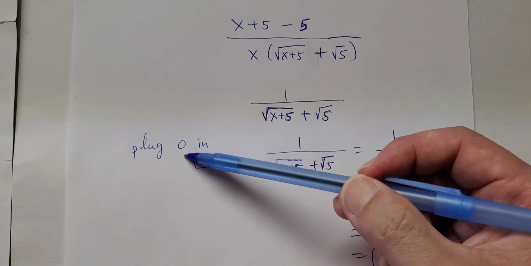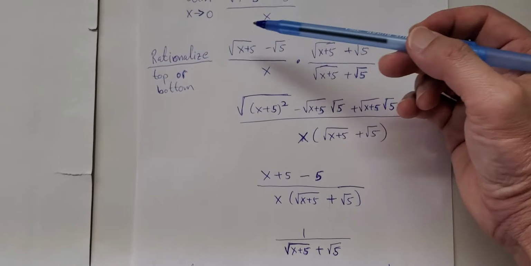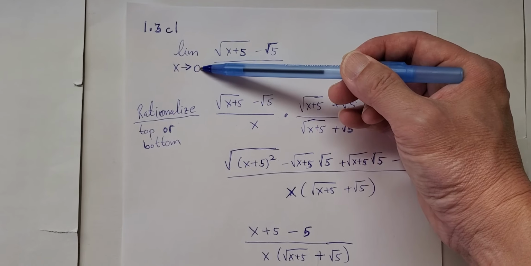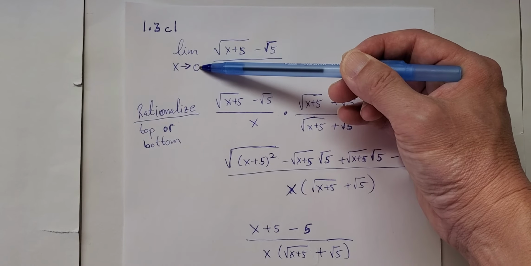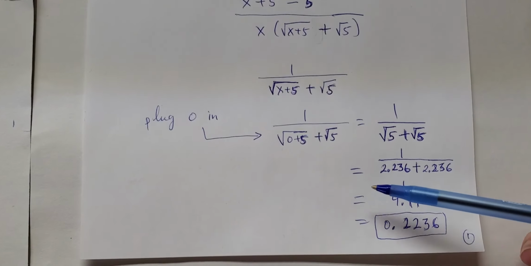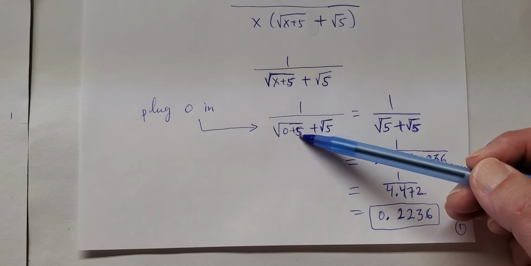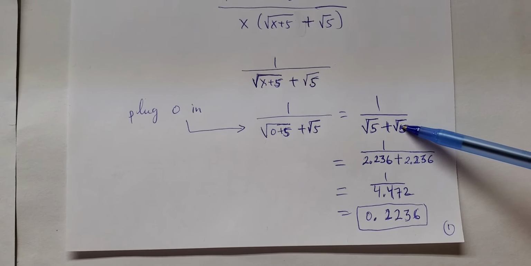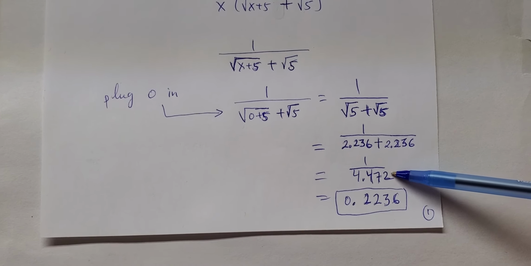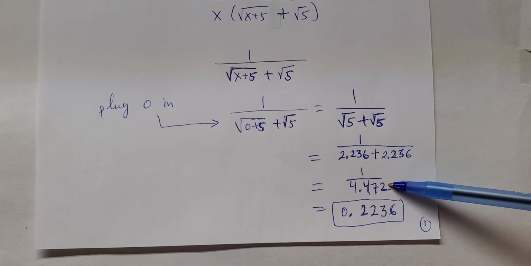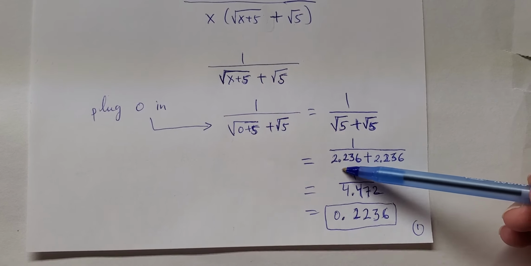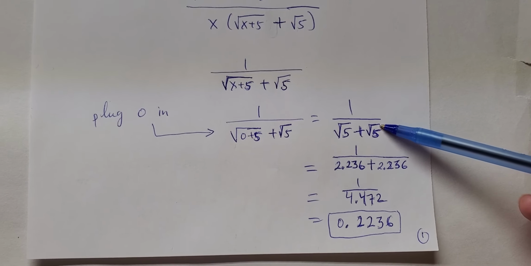Now you plug in the 0. Why 0? Because in the beginning, your limit is x approaches 0. Put 0 in. So square root of 5 and square root of 5. Use your calculator. Square root of 5 is 2.236. Same thing on the other one.